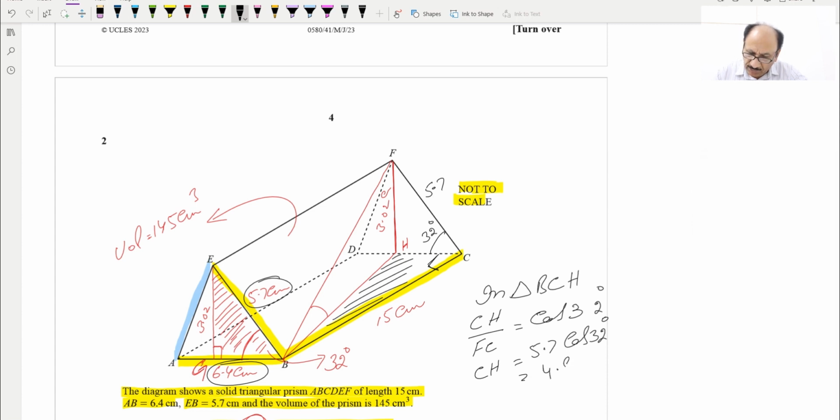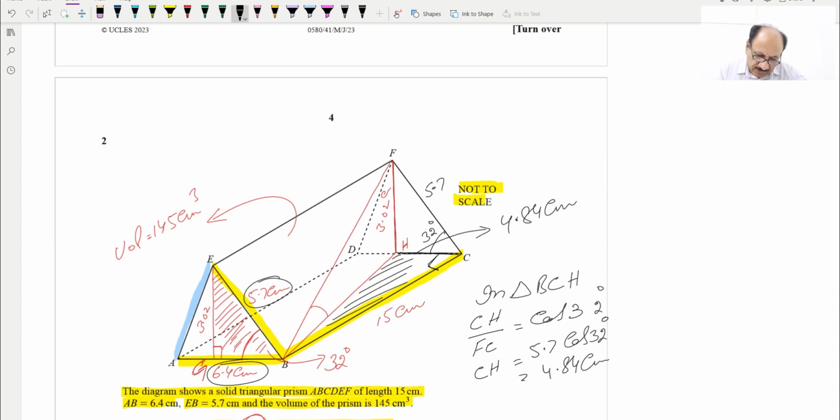So 4.84 centimeters. We got this length, CH is this length, which is 4.84 centimeters.